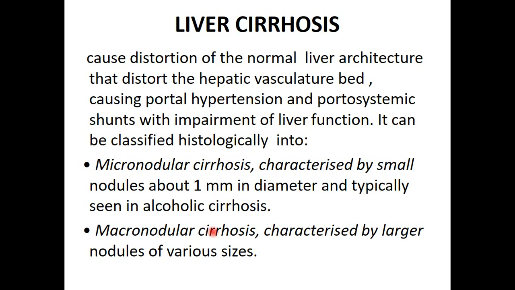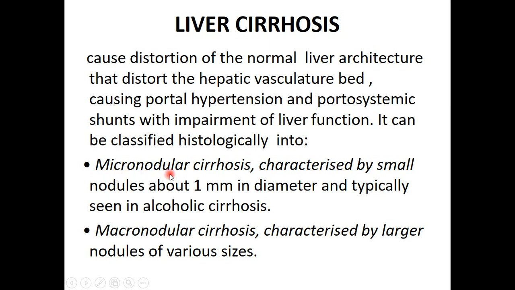If it is about 1 millimeter in diameter, it is typically micronodular, seen in alcoholic liver disease. While if it is larger, more than 1 millimeter in diameter, this is macronodular cirrhosis. It is a larger nodule of various size, seen usually with infectious causes of chronic liver disease, for example hepatitis.